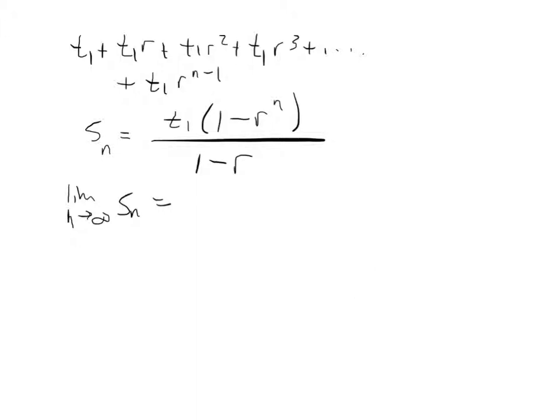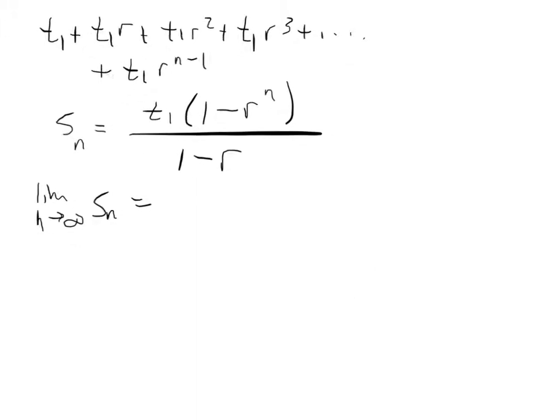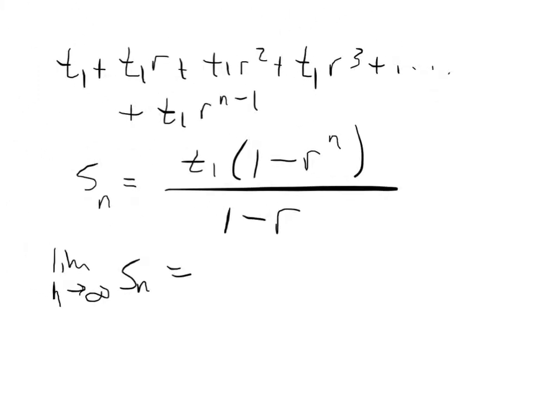My key here really is considering what's happening to this term right here as n heads to infinity. Clearly T1 is fixed, clearly r is fixed, not a big deal. The question is, what is this term doing?